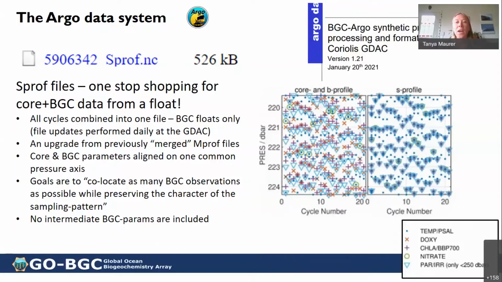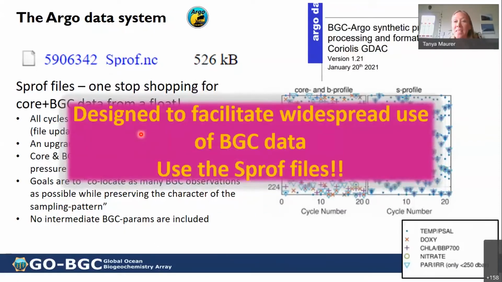So there's really high utility here for the users. They're really easy to use, and they're designed to facilitate widespread use of BGC data. So we encourage you to use these SPROF files, and you won't regret it.